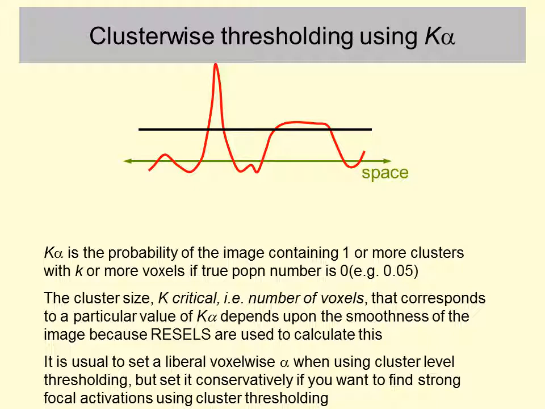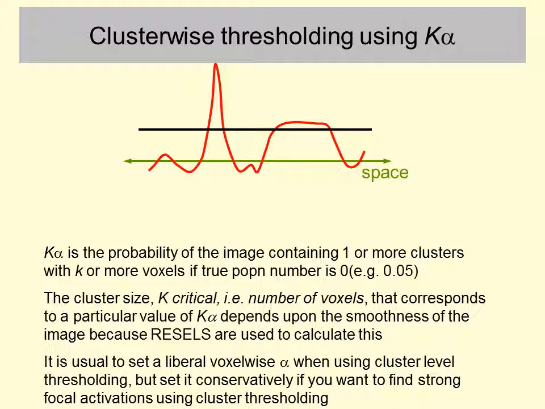Here the voxel-wise threshold would initially permit 2 clusters to go forwards: the small, spiky, high intensity cluster and the larger but lower intensity cluster both go forwards to the cluster stage.